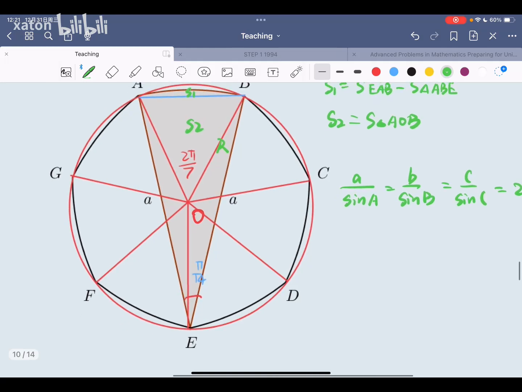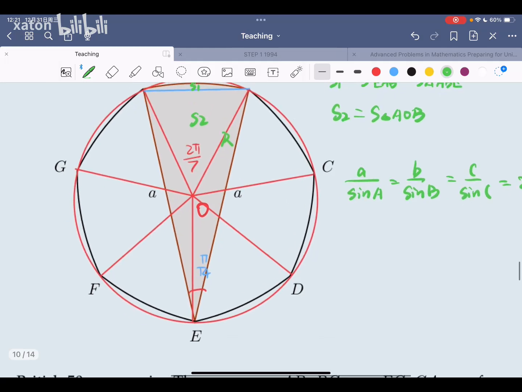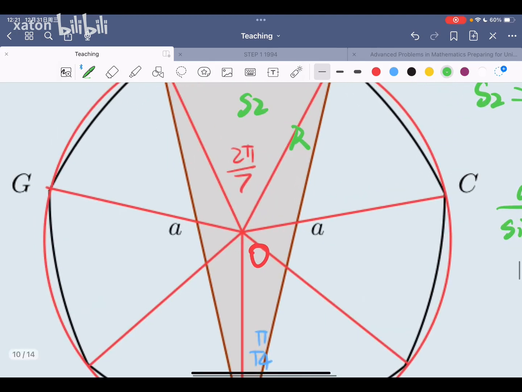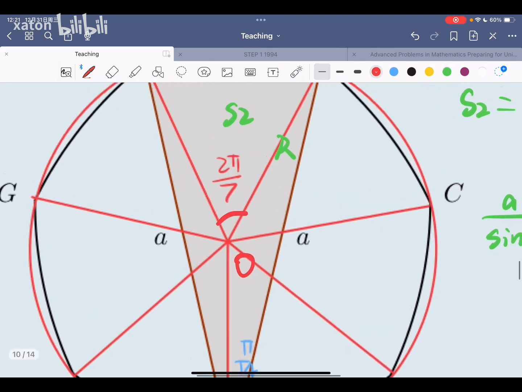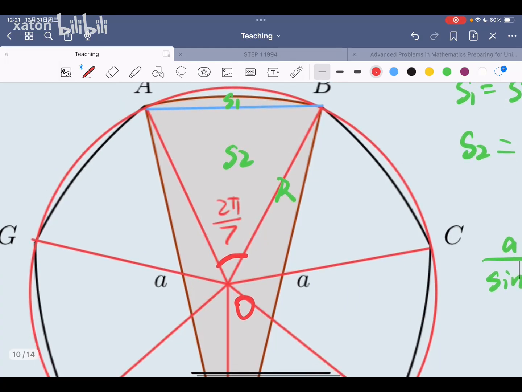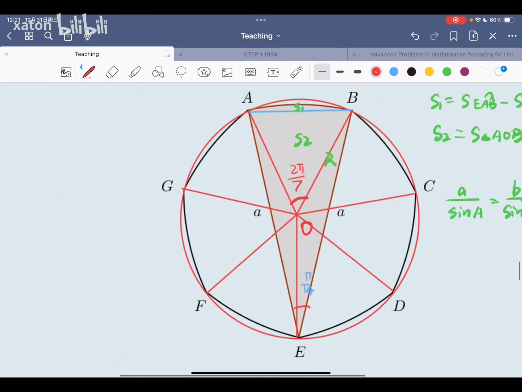So let's look at what we already know. We know the angle AOB has to be 2 pi over 7, because these 7 angles are totally the same by symmetry.